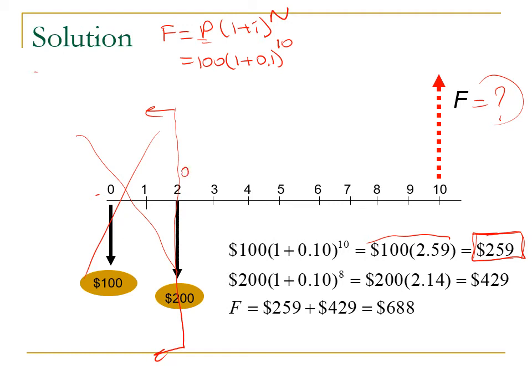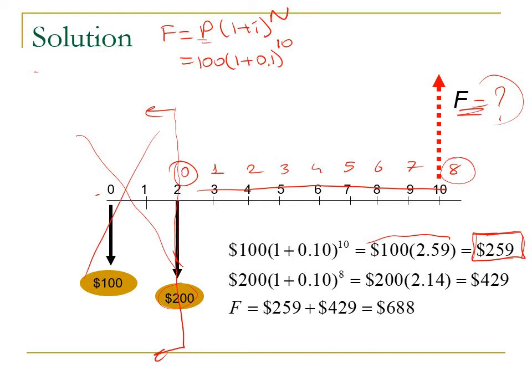And if this is time 0, 1 year after this is time 1, then time 2, 3, 4, 5, 6, 7, and 8. So you can assume that the cash flow now is like this. We are depositing $200 at time 0, and we want to find its future worth, future equivalent at time 8. Okay, this is the same thing.